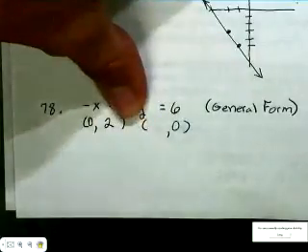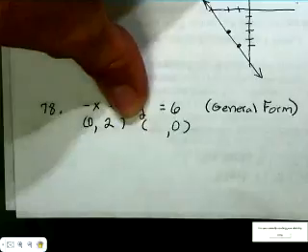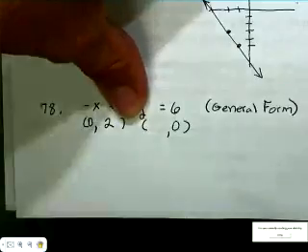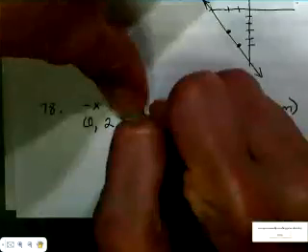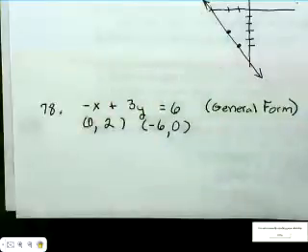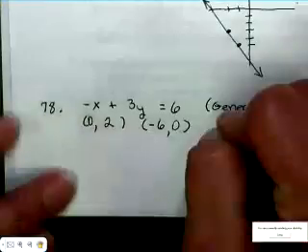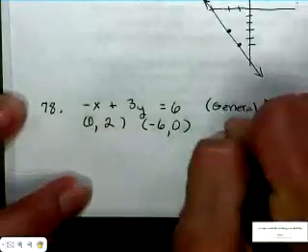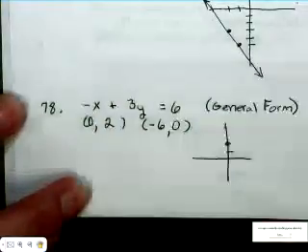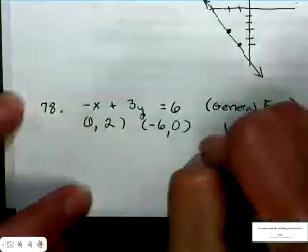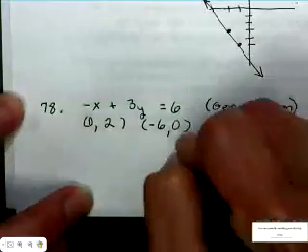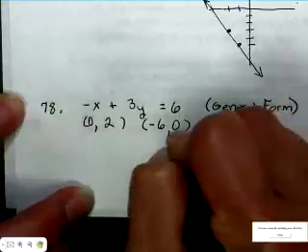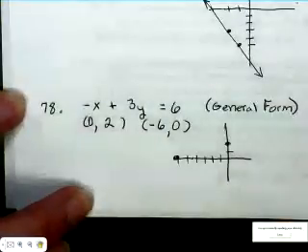You have negative x equals 6, so what's the x-intercept? Negative 6. And that's all you need to graph the line. (0, 2) is on the y-axis. (-6, 0) is on the x-axis.